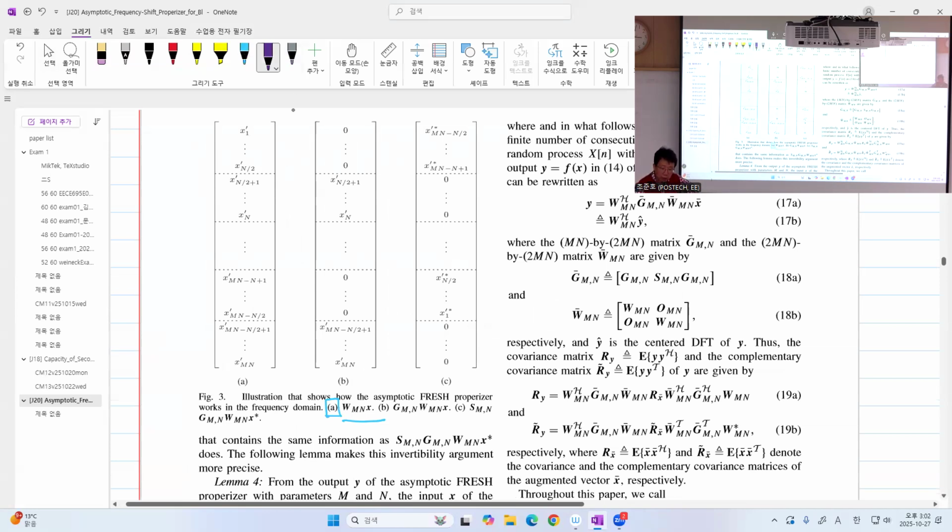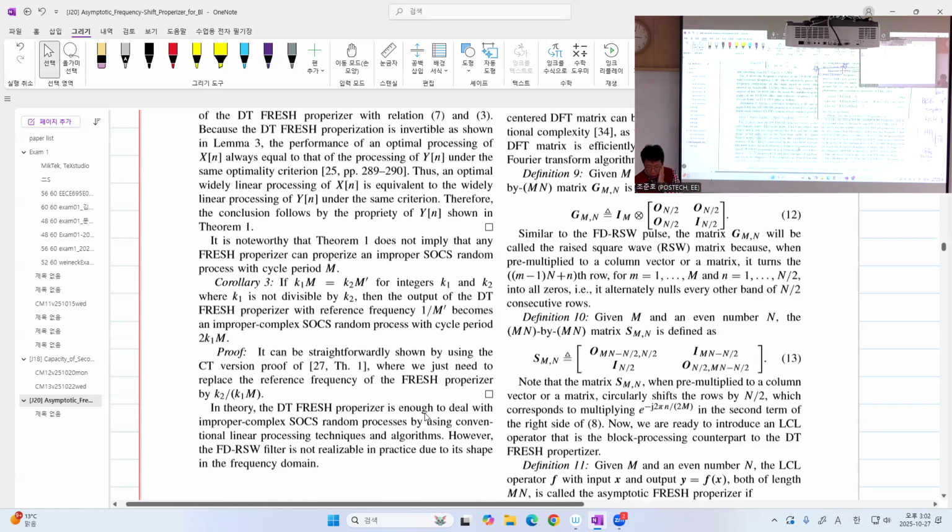So here we have 1, 2, n over 2, n over 2 plus 1, 2, n, and so on, up to mn. And probably this is the upper branch output.